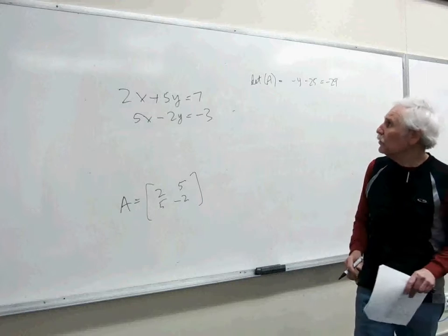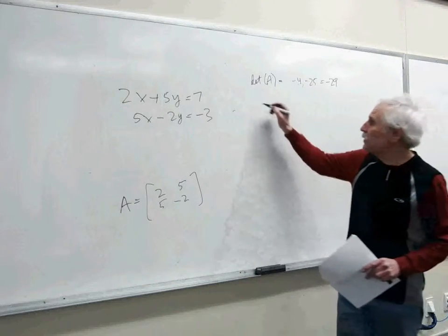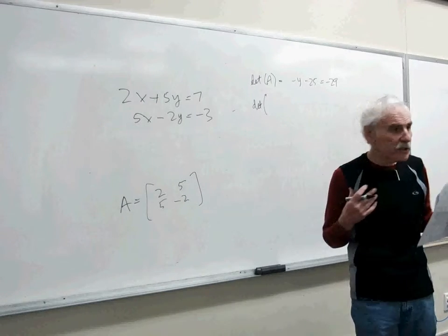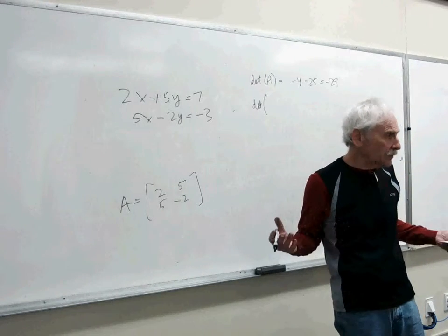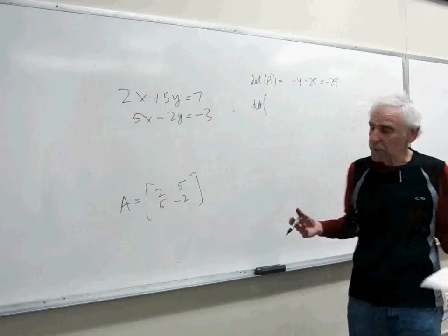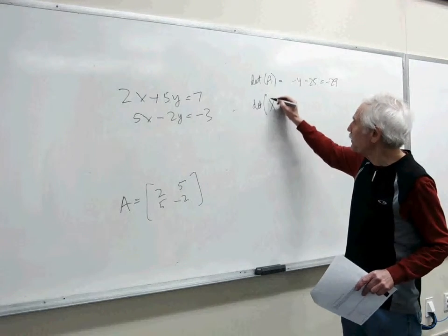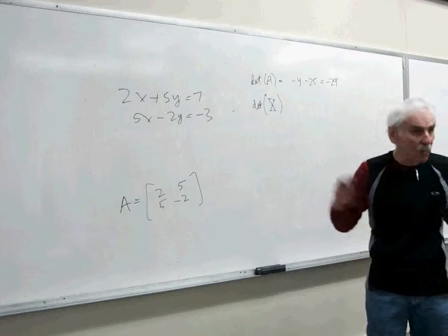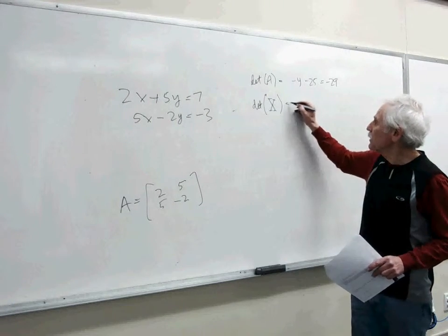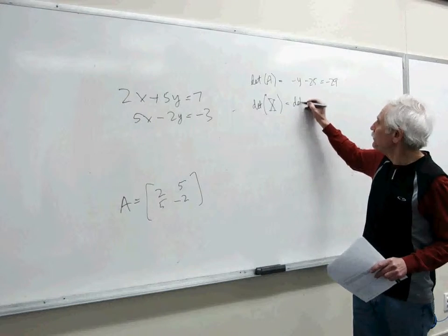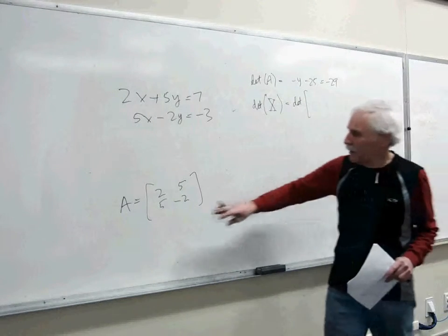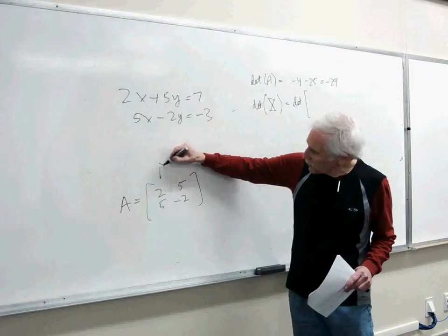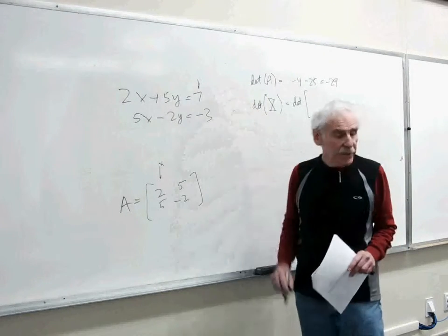Now step 2 in Cramer's rule is to compute the determinant of something that I call, this is just my personal choice of symbols, the big X matrix. I'm not saying this is X, I'm saying this is the matrix that I'm going to call big X. It's the coefficient matrix where I replace the X column with the constants.